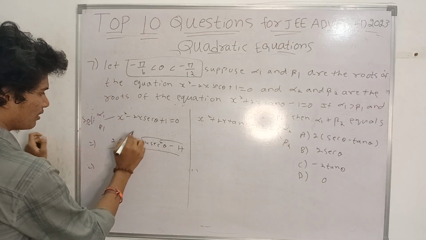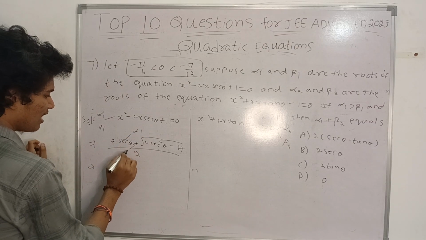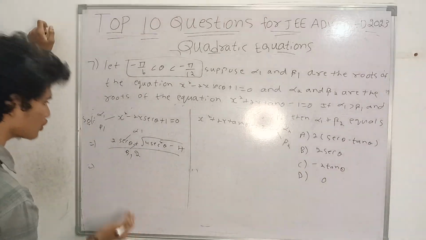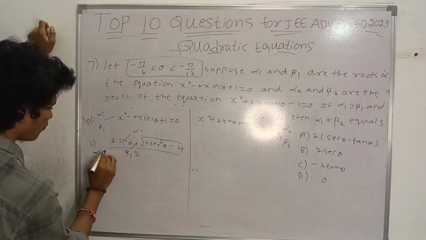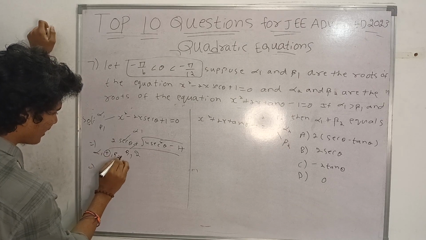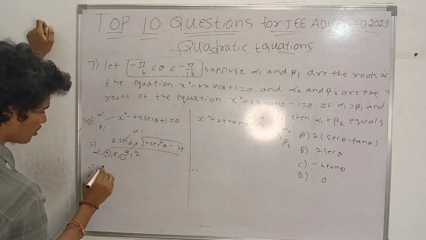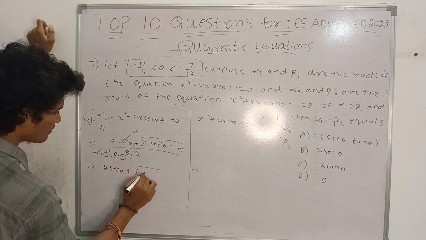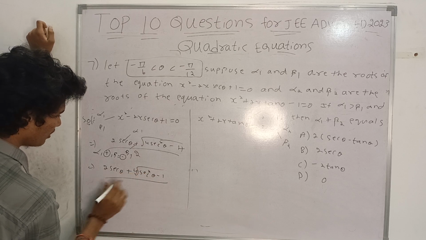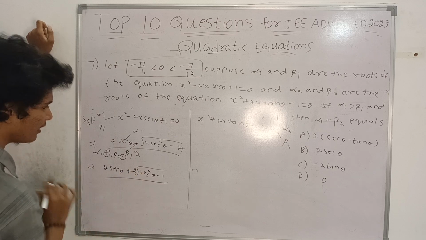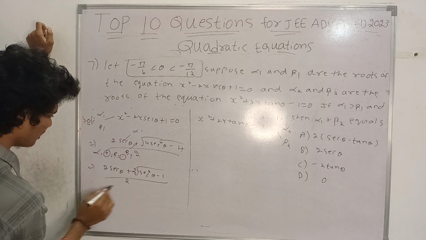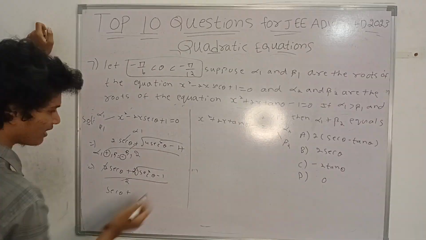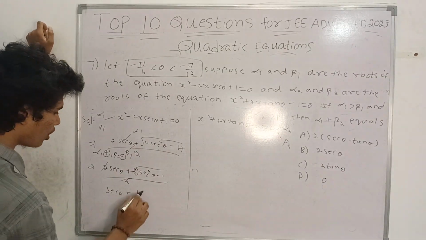Here plus is alpha 1 and minus is beta 1. These are the two roots. So alpha 1 greater than beta 1, we can assume that alpha 1 is positive, beta 1 is negative. So I am taking alpha 1 as positive. What I can get? 2 sec theta plus root of 4 taken common, secant square theta minus 1. It is 2 here because it is under root, divided by 2. These two will get cancelled, and simply I got secant theta plus root of secant square theta minus 1. It is mod tan theta.